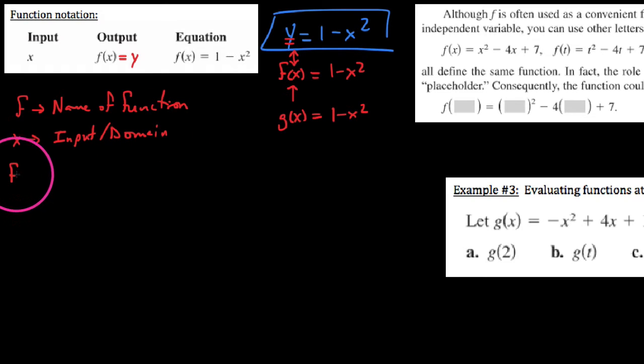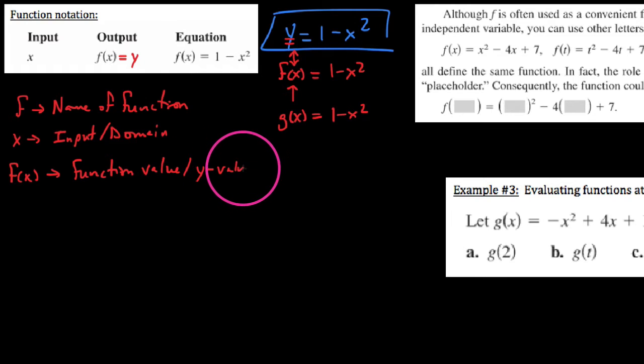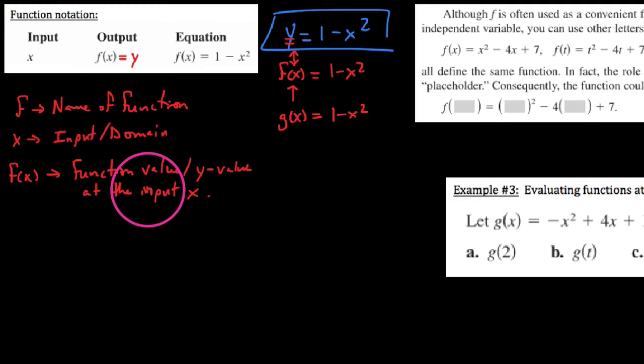Our f of x, what I'm going to write here, is our function value, or in other words, our y value at the input x. And so in order to find the y value at x, we could plug x into our function here to find our function value at x. And then we would say that this equation is just a rule that tells you how to find a y value if you know the x value.